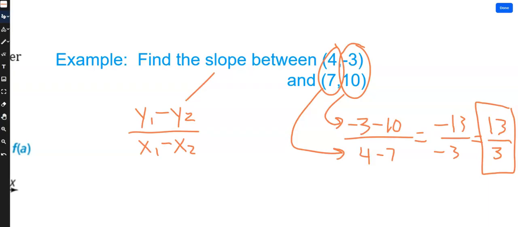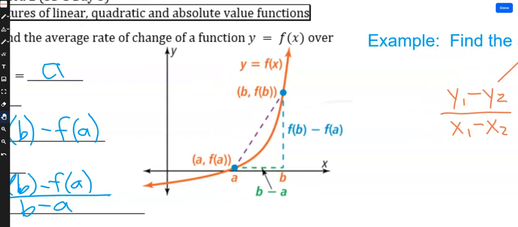You've done that before. Not super complicated, but it's extremely important that you understand how to find slope in this particular first topic that we're discussing, because average rate of change is exactly what you just did right there. Now, I know it's going to look a little more complicated when I go over to these notes, but you've got to get it in your mind that it's just slope, because it will look a little bit nastier.